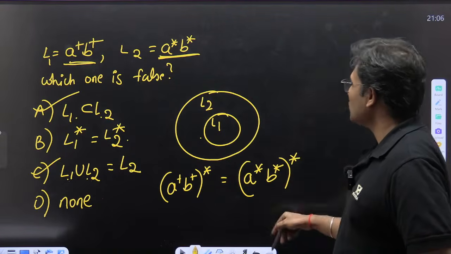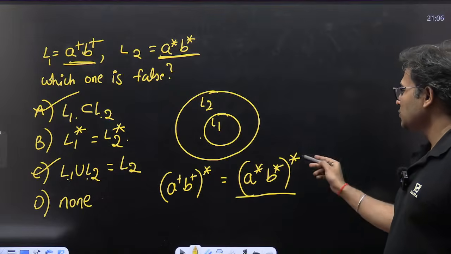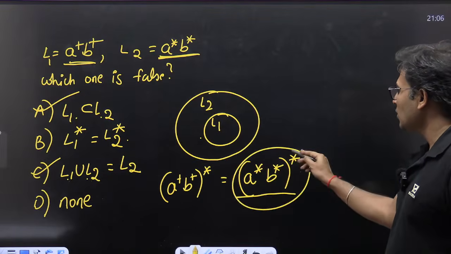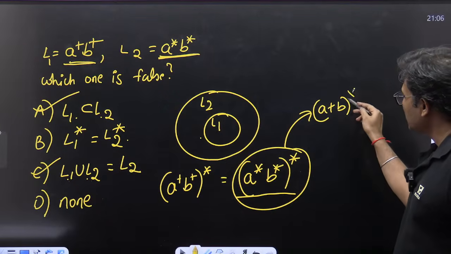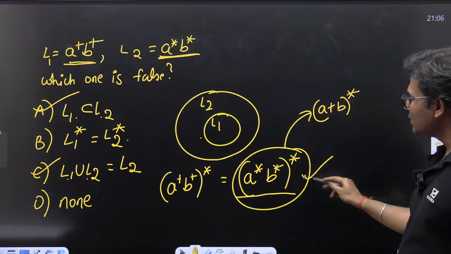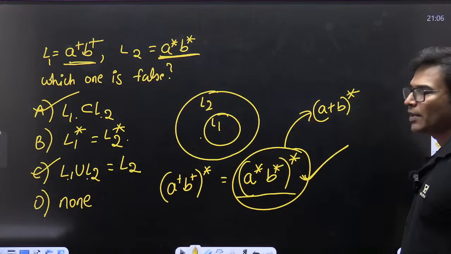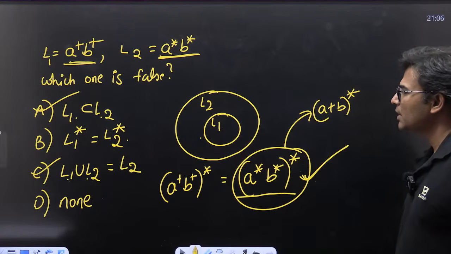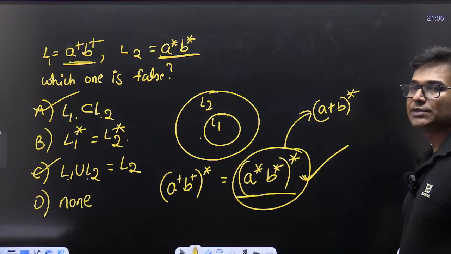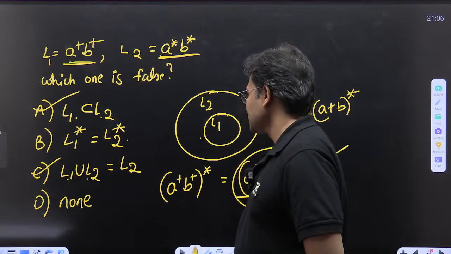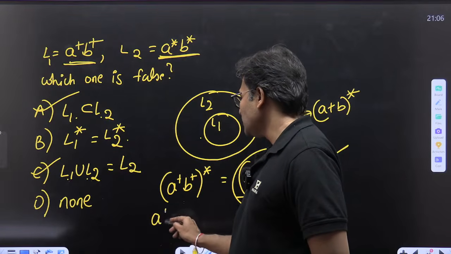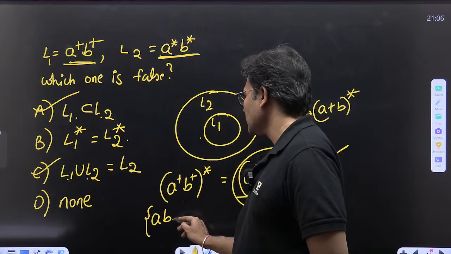We very well know that A star B star whole star is equal to A plus B whole star, which means this is the universal language. Every string will be generated by this. Right? Now here, you have the minimum string as AB, right?